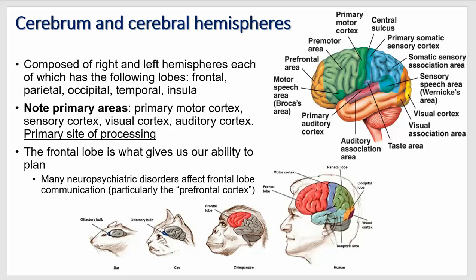I said we're going to start at the spinal cord, and we will, but first I want to talk about the overall regions, looking at the brain and seeing how it's sectioned off. It's composed of right and left hemispheres, each of which has the following lobes: the frontal lobe, the parietal lobe, which is kind of in this area, the occipital lobe, which is back here, the temporal lobe, and then the insula, which is kind of buried under the temporal lobe. It's kind of an island; if you pull away the temporal lobe, you can see the insula.